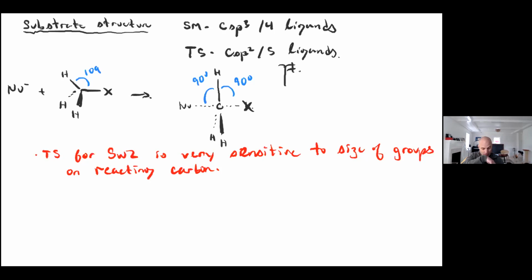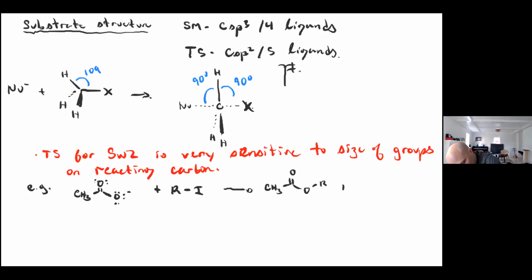Okay, and this is reflected in the relative rates of reaction. As an example, if one takes acetate and allows this to react with an alkyl iodide, you can alkylate the acetate and liberate I minus, okay?